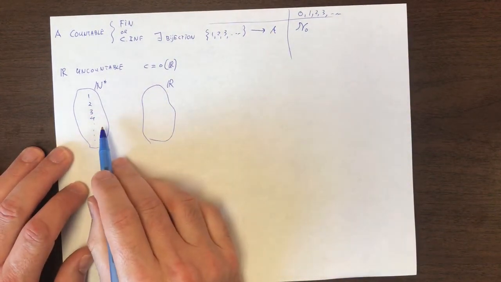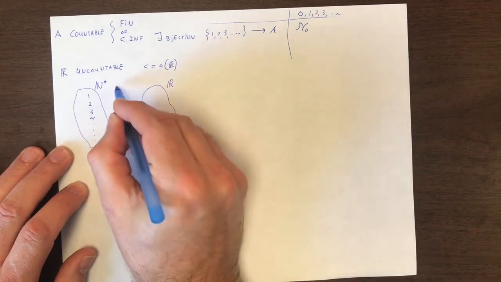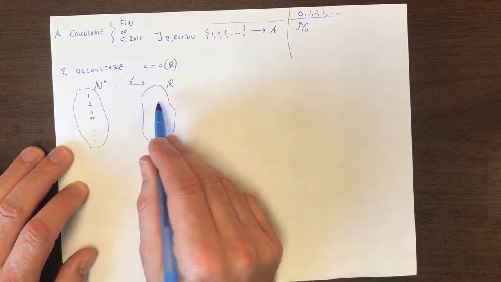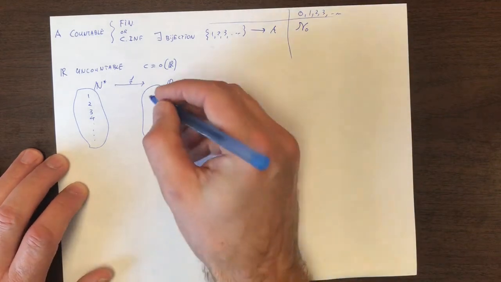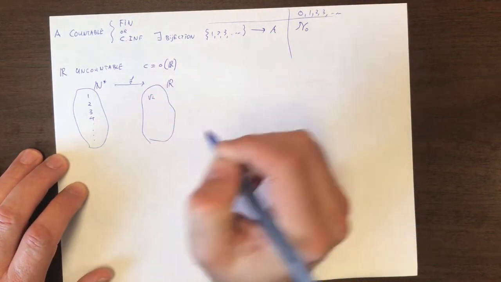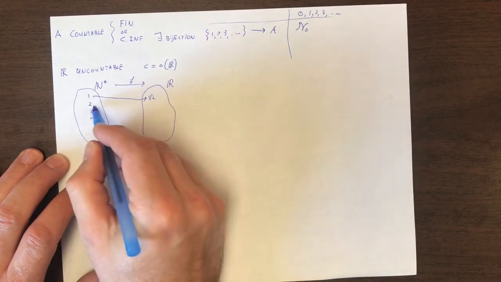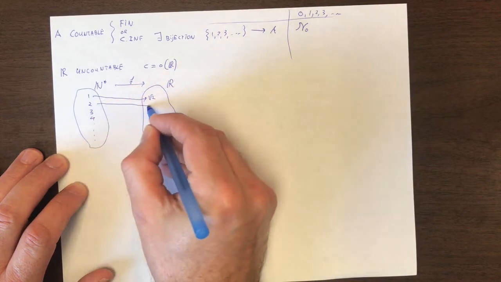So let's first see how I would get a function from this set to this set. Well, 1 has to go somewhere, so I just have to pick some element. Let's say square root of 2. And this one has to go somewhere, maybe this one goes to, say, pi.